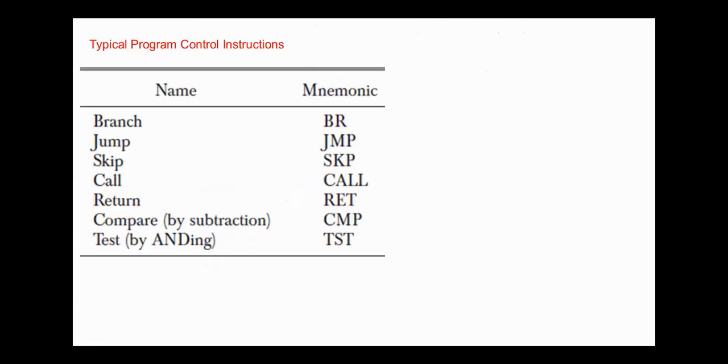Here we have the typical program control instructions. First, branch and jump, and they have the same effect, except that they are used to denote different addressing modes. Usually the branch is a one address instruction. The skip does not need an address field, so it is a zero address instruction. The conditional skip will skip the next instruction if the condition is met.